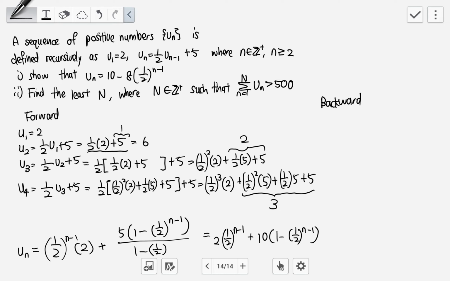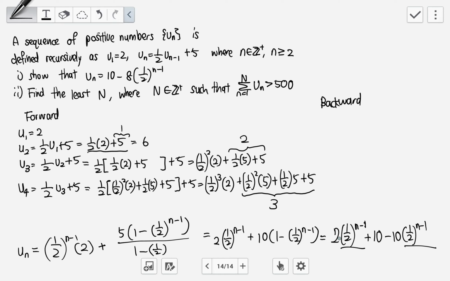So I want to prove this result. When I multiply in, the first 10 times 1 will give me 10. Never mind, I'll rewrite the full thing, just in case you get confused. (1/2)^(n-1) plus 10 times 1 gives me 10, minus 10 times (1/2)^(n-1).